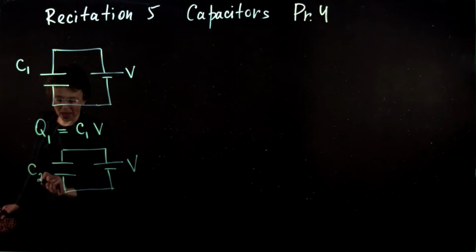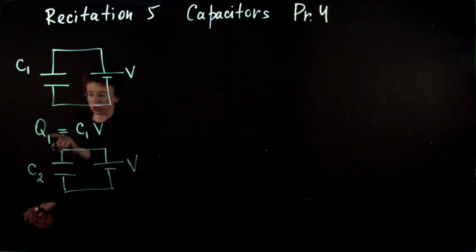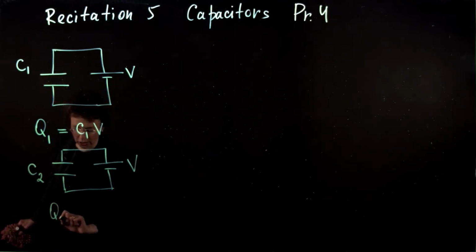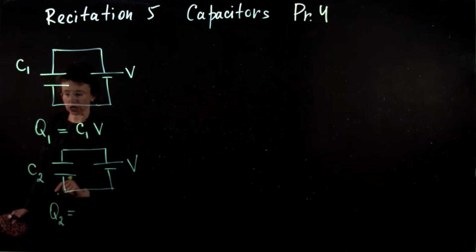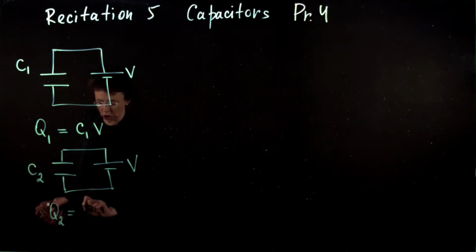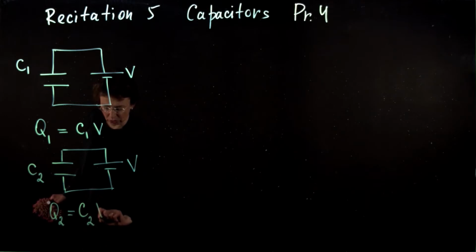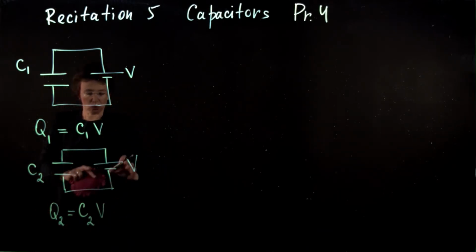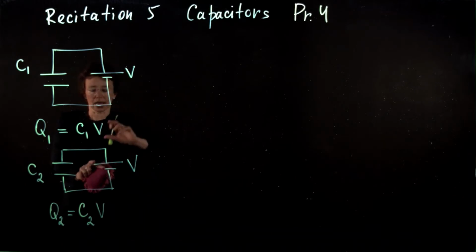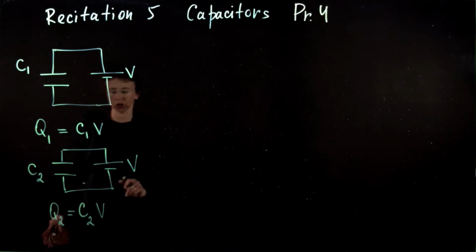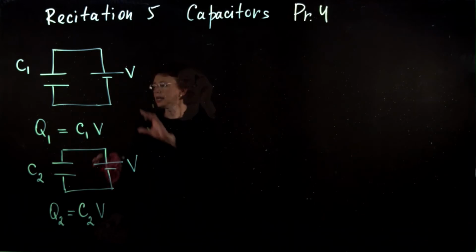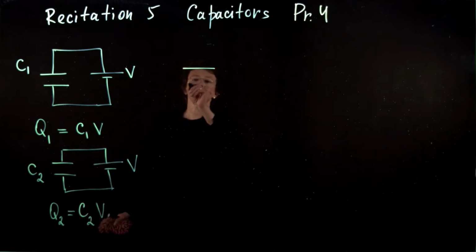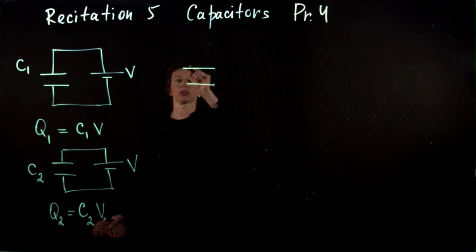This one has capacitance C2, so it was charged with charge Q2, which is C2V. So each of these two capacitors were brought to these circuits and charged with charge Q1 and Q2. Now I take these two capacitors and I bring them into the circuit, and I connect two of them this way.